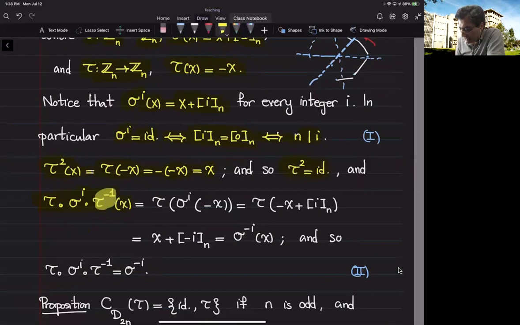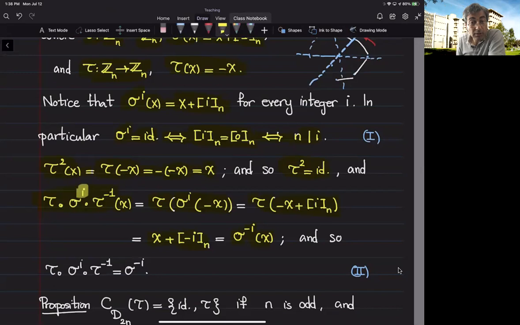So tau inverse is just tau. I get tau of x is negative x. Sigma to the power i of this is an i step shift. And tau of this is the negative of this one, which means x plus negative i, and that is a negative i step shift of x. It means sigma to the power negative i. So it's quite interesting, because when I conjugate by tau, I'm just negating the power.